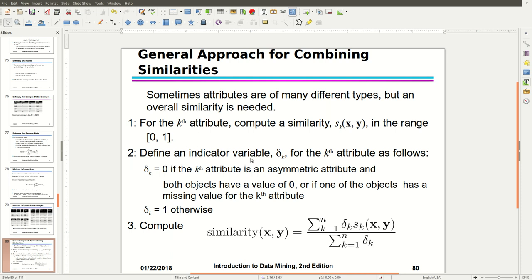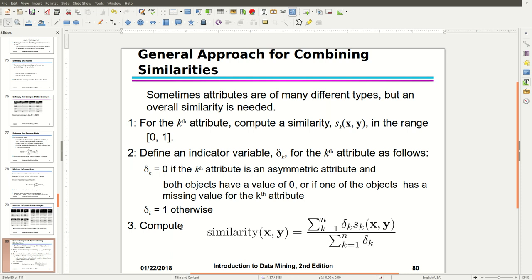And if we define an indicator variable rho k, that means if it is related, we will take 1. If it's not related, basically we will take 0. If the kth attribute is an asymmetric attribute, either there's no value or both of them have a value of 0, then it will not be counted.